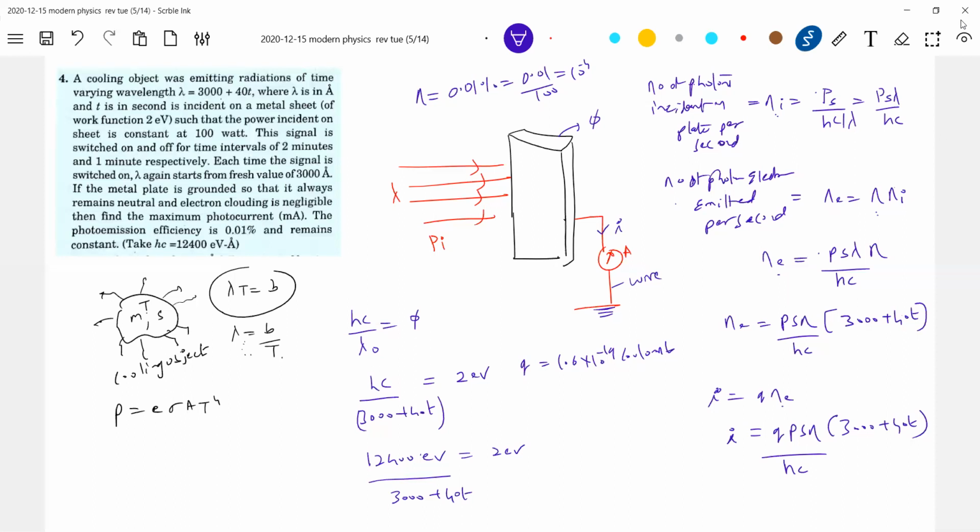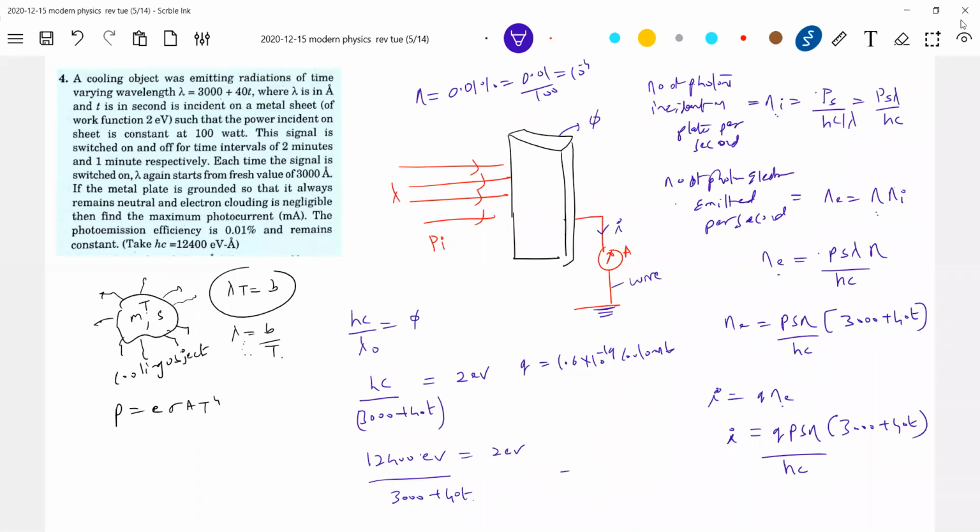For anybody, these calculations will be difficult, but you must manage. This is very important. Sir, do we need the time or the value of wavelength? Can we directly substitute 3000 plus 40T? I just wanted the time at which it will stop.